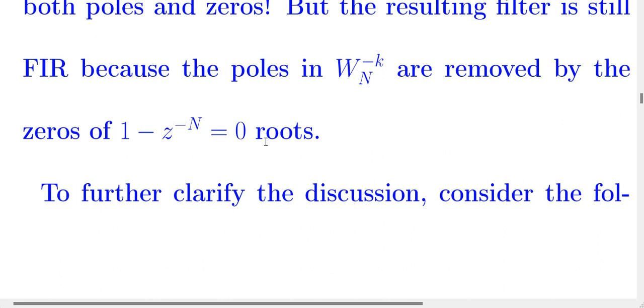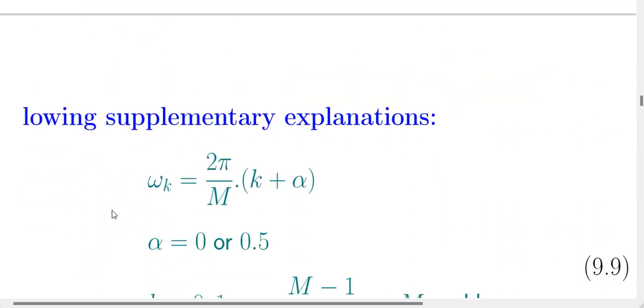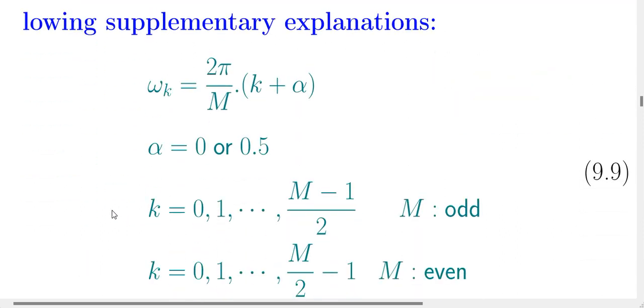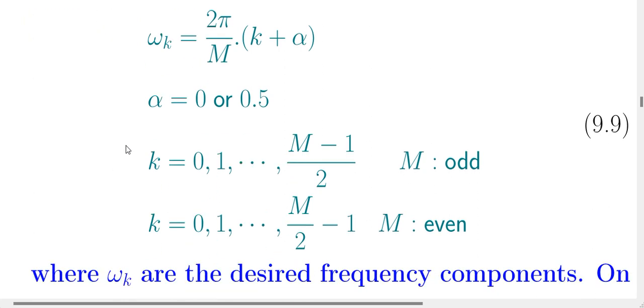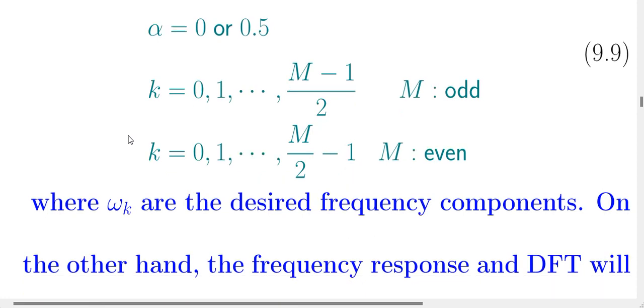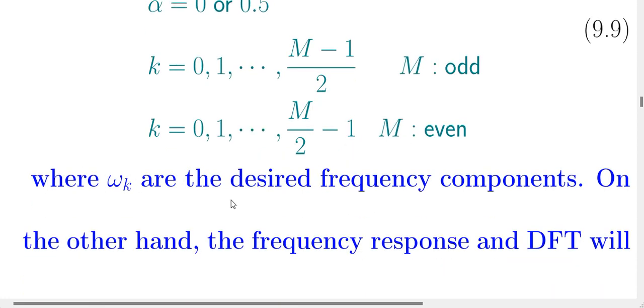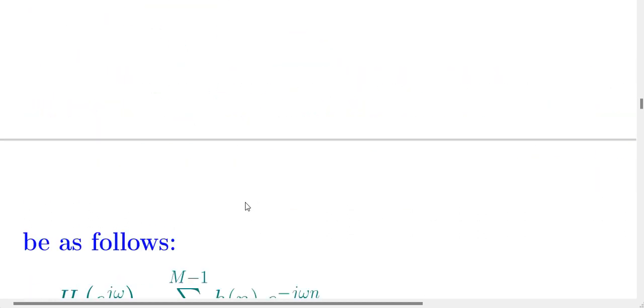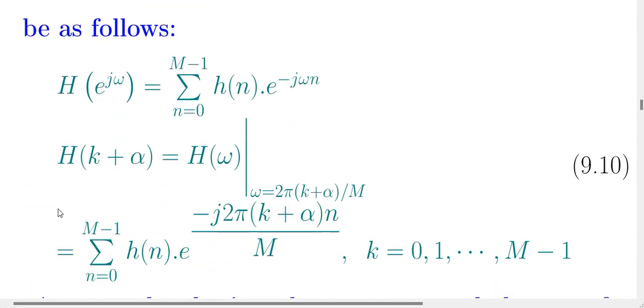Still having FIR. To further clarify the discussion, consider the following supplementary explanations. Of course, we won't read them all. You see every detail, where omega k are the desired frequency components. On the other hand, the frequency response and the DFT will be as follows.